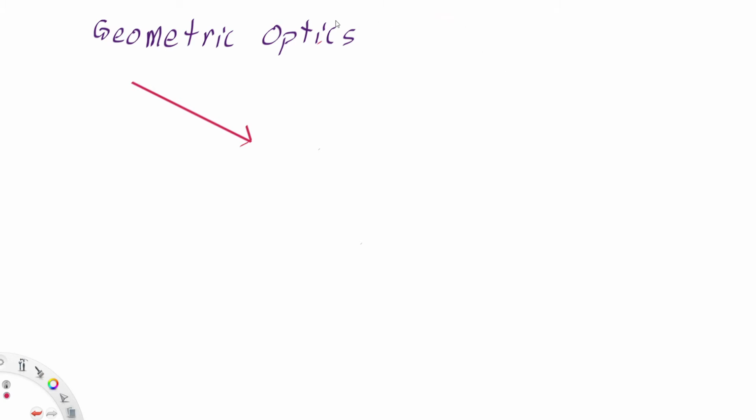The simplest kind of interruption is if it hits a surface. So if we hit a surface, there are three options for what happens to this light. It can get absorbed.